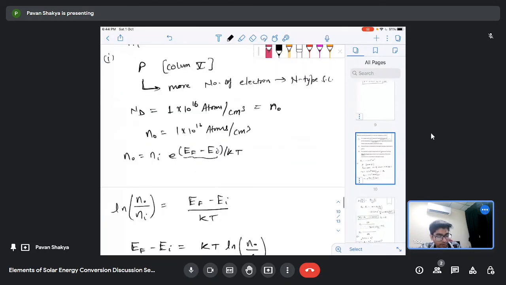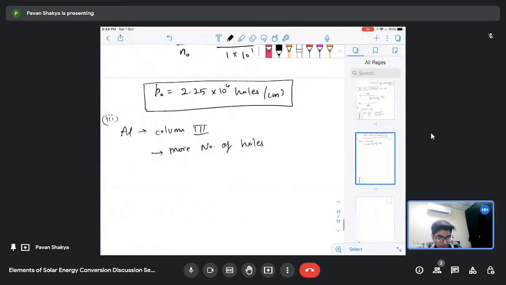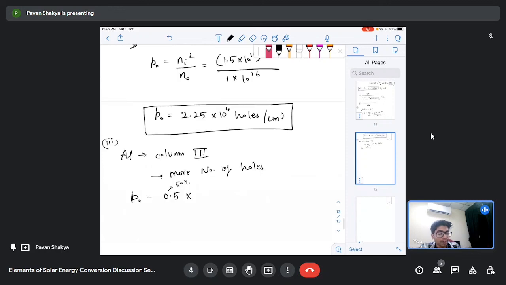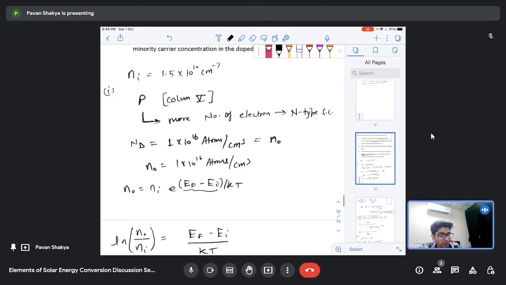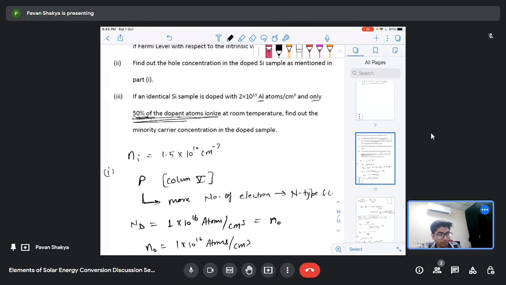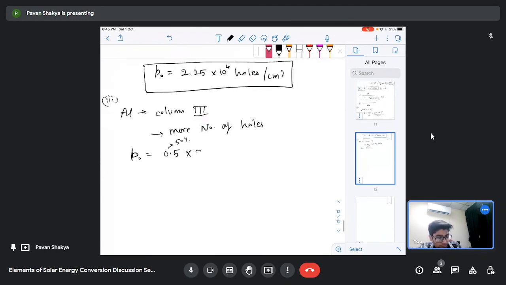It means that the whole concentration that we have denoted as P naught will be equal to only 50% of the addition, that is 0.5 multiplied by the total number of atoms added, which is given as 2 into 10 to the power 15. So this whole concentration will be equal to 1 into 10 to the power 15 atoms per centimeter cube.